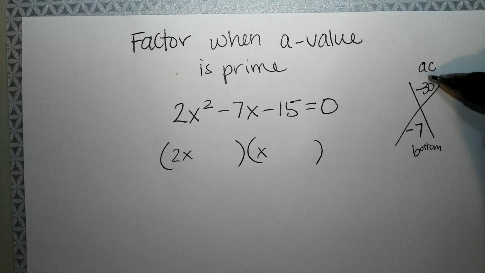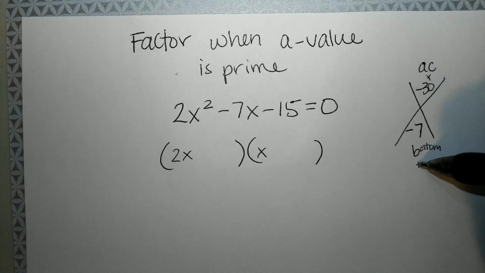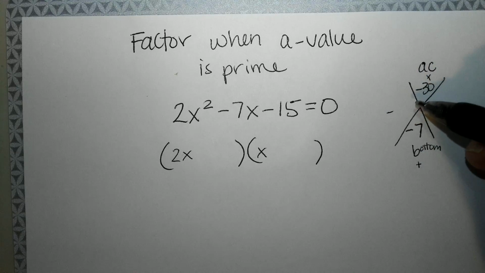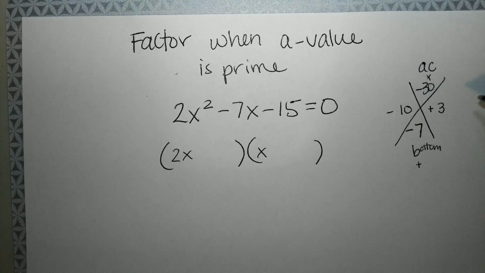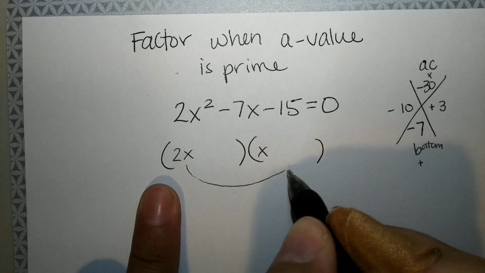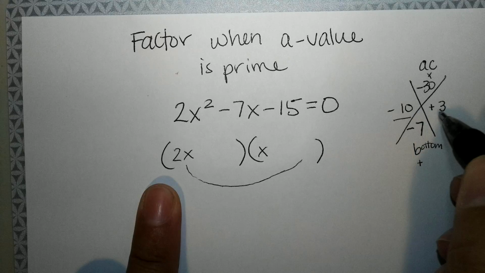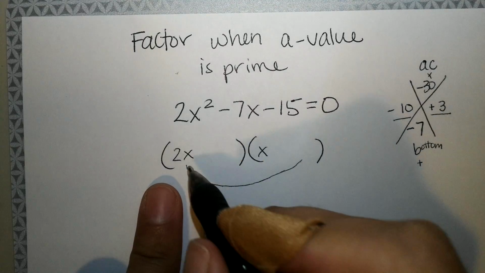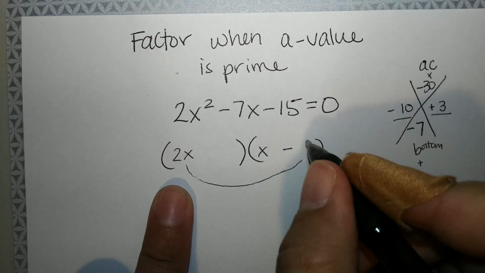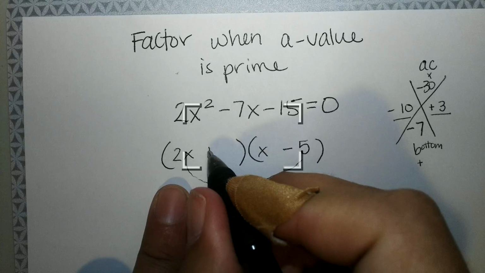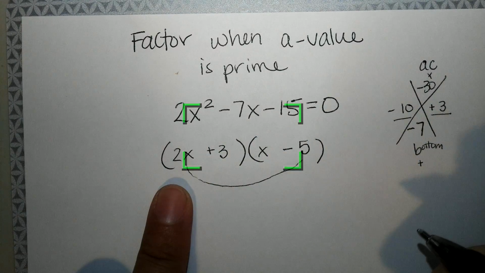Now, what two numbers multiply to negative 30 and add to negative 7? Well, a negative and a positive: 10 times 3, negative 10, positive 3. So when I'm multiplying here, 2 times something has to get me to one of these numbers. Well, 2 doesn't go into 3, so I know it has to be negative 10. 2 times negative 5 gets me to negative 10, and then I have plus 3.